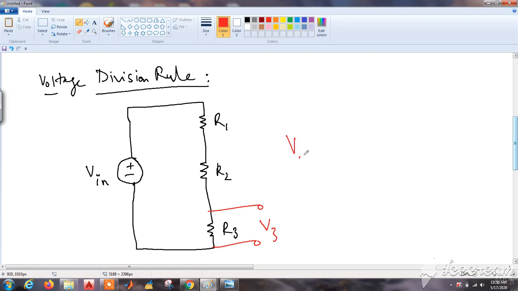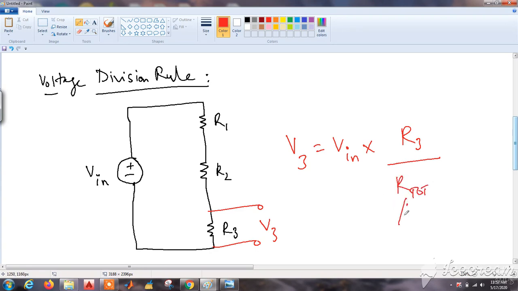So V3 is equal to the total voltage across this branch. What is the total voltage across this branch? It is Vin. Vin times the resistance across which the voltage V3 appears, that is R3, divided by the total resistance in the branch.